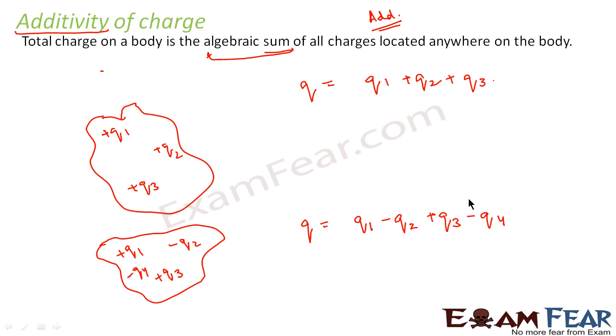It is very important that proper signs are taken into consideration. If I have a negative charge, that negative sign has to be taken care of while summing the charges. It is not that you will just sum Q1 plus Q2 plus Q3 plus Q4, then you will get an incorrect result. So if you have a negative charge, that minus sign needs to be incorporated while calculating the algebraic sum.